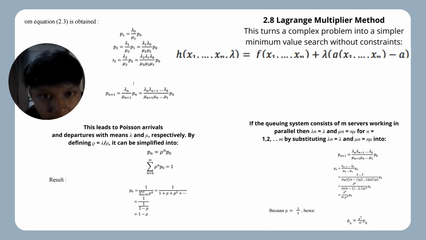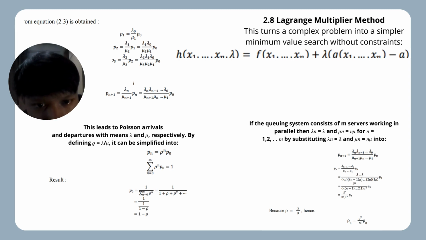2.8 Lagrange multiplier method. This turns a complex problem into a simpler minimum value search without constraints. H(x1, ..., xn, lambda) equals f(x1, ..., xn) plus lambda g(x1, ..., xn) equals 0.